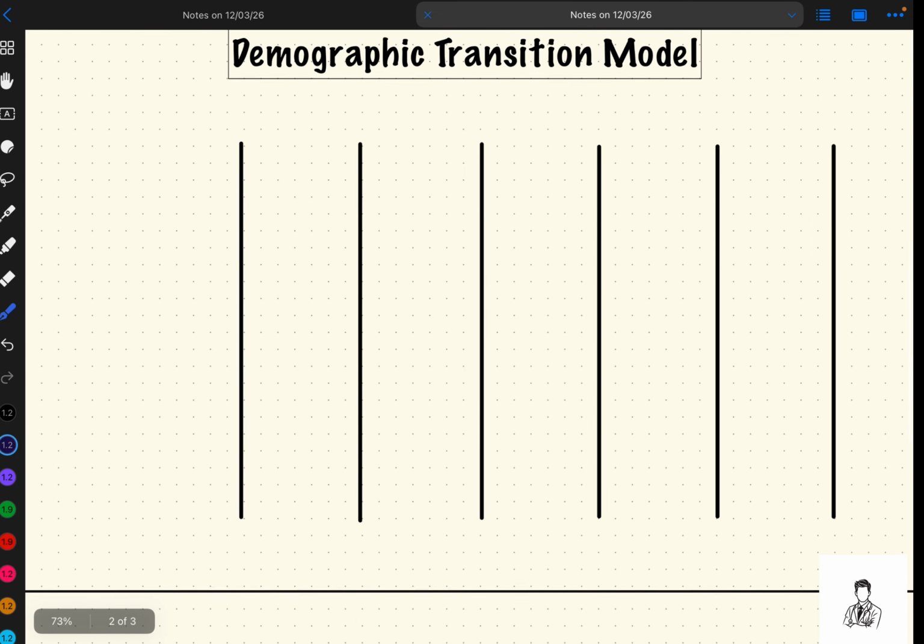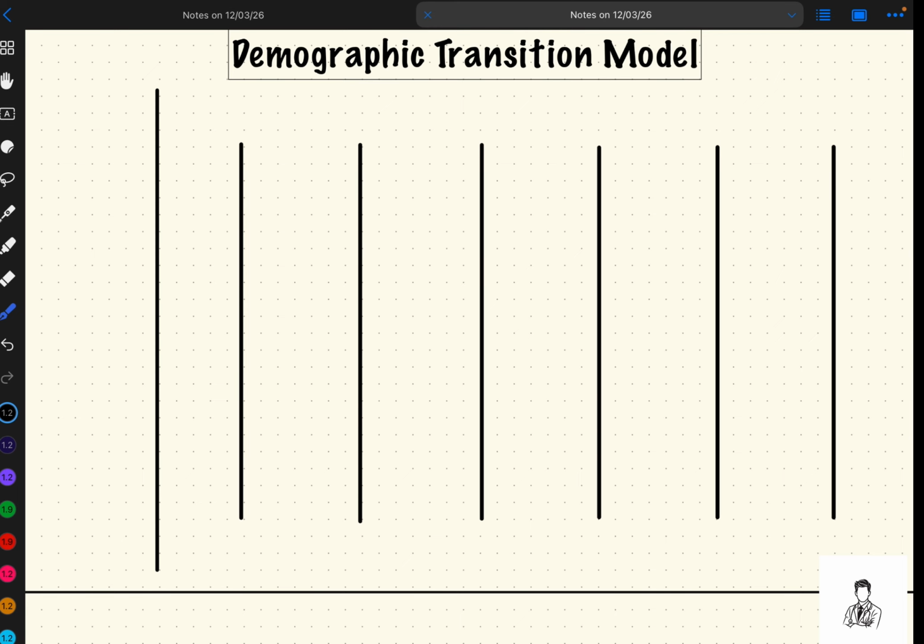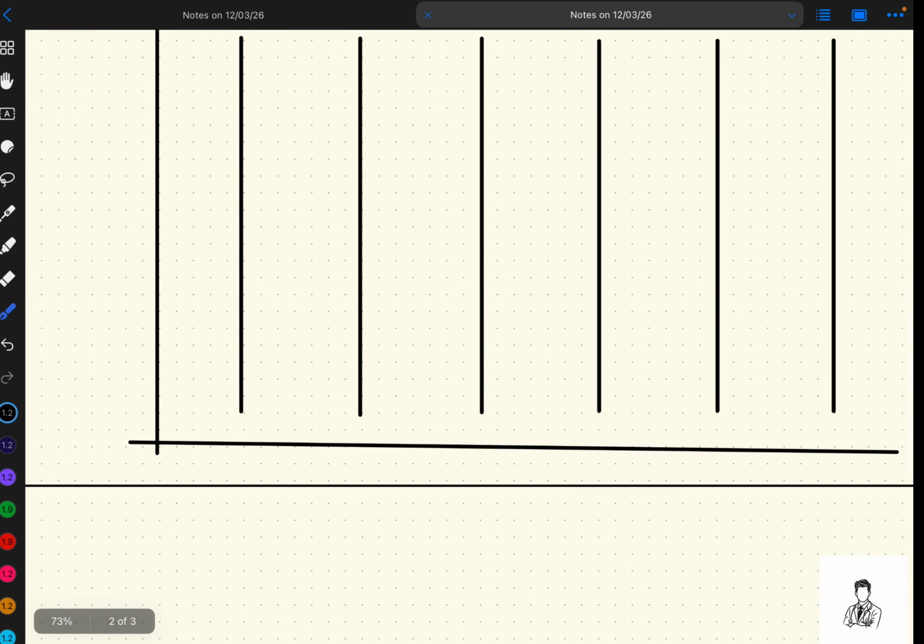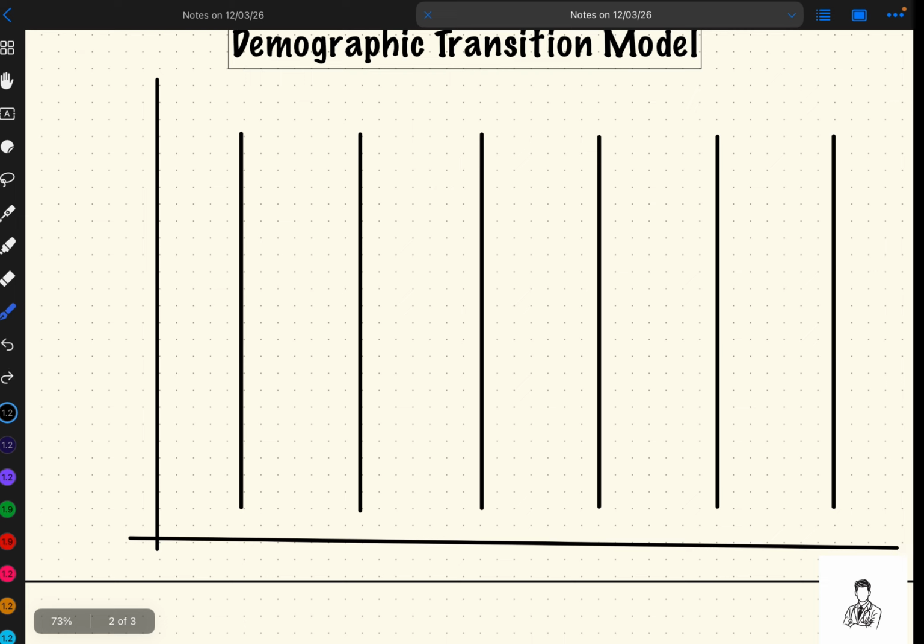We will plot a graph, right? X-axis and y-axis, two lines. On the y-axis, we will keep birth rate as green.